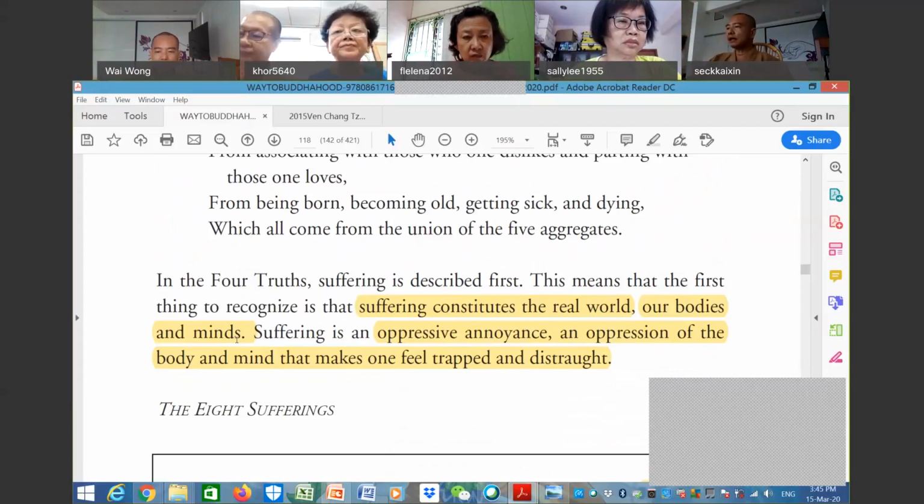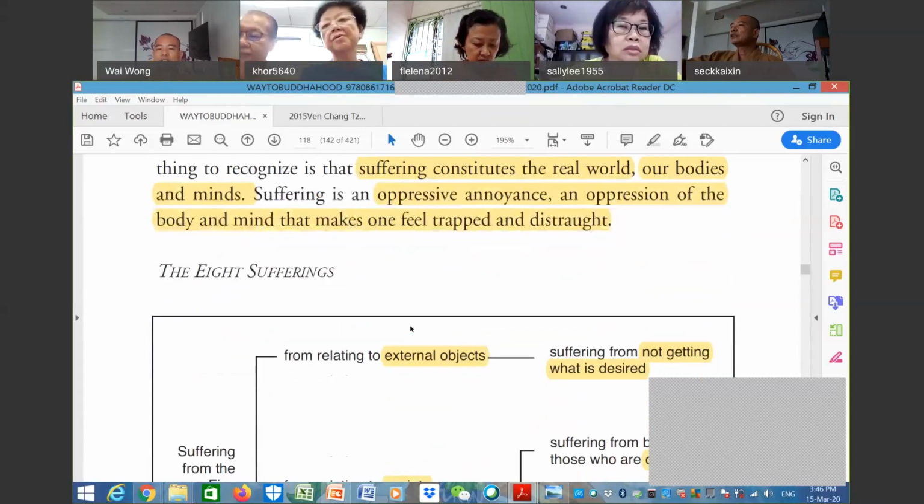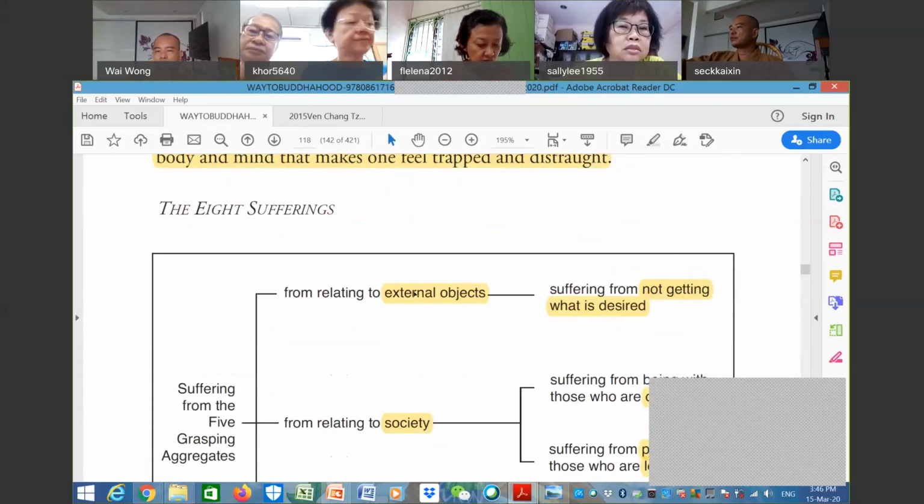If without body and mind, we don't have the other 7 sufferings. And here the definition is: suffering means oppressive annoyance, oppressive of the body and mind that make one feel trapped and distraught.